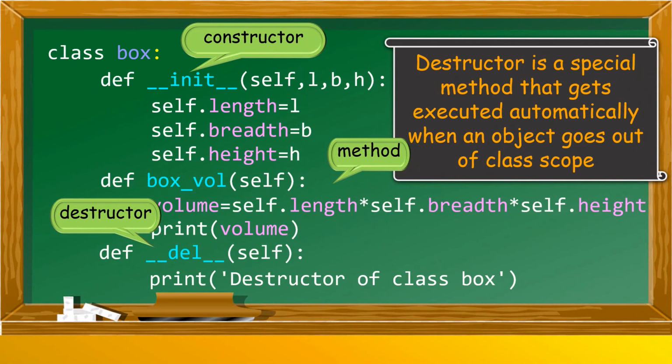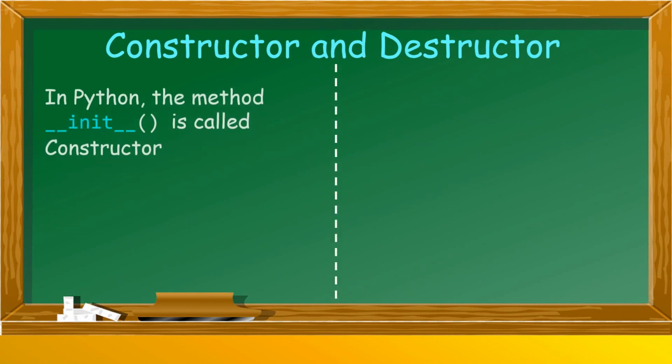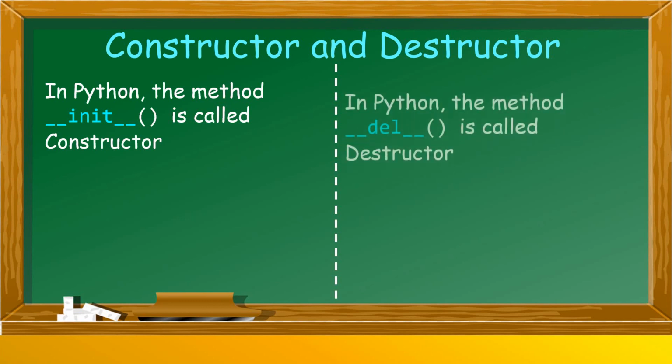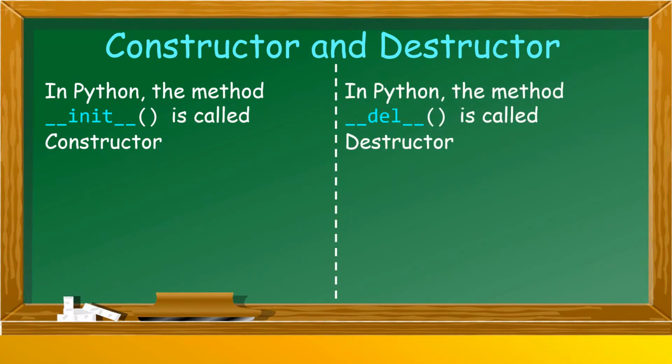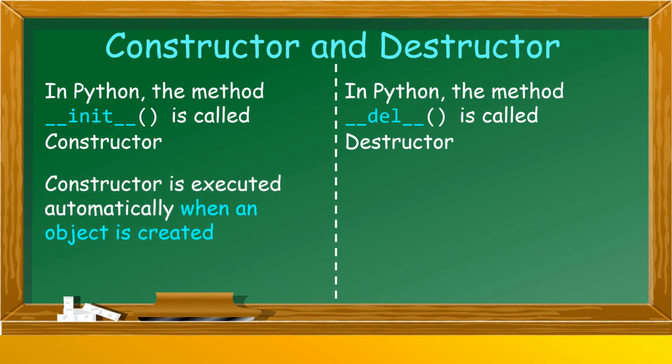Now we will see the differences between constructor and destructor. In Python, the method __init__ is called constructor, and the method __del__ is called destructor. Constructor is executed automatically when an object is created.